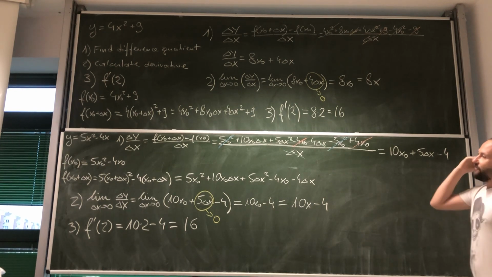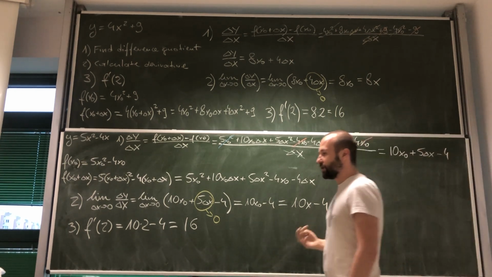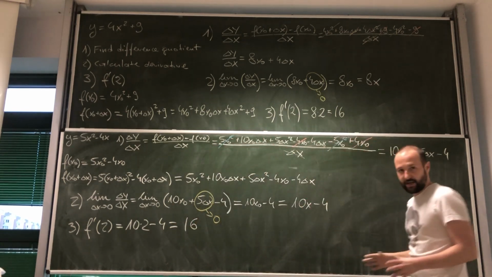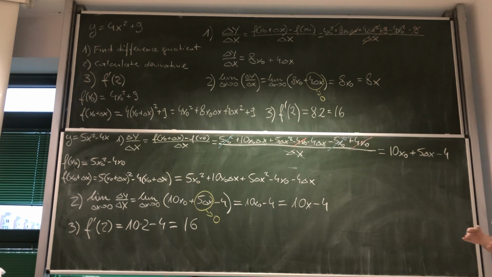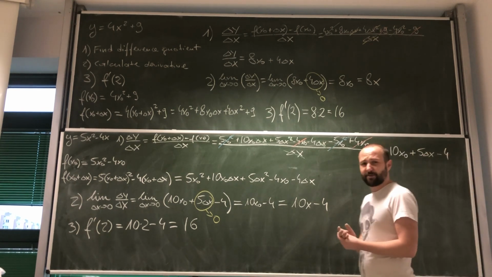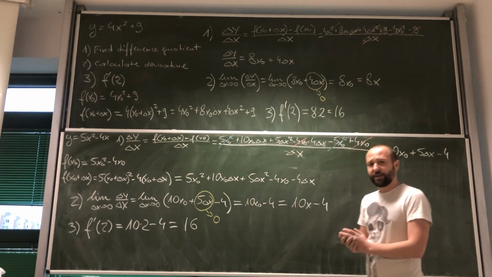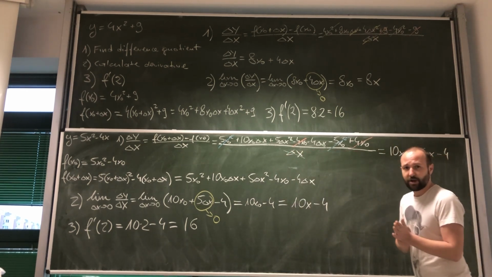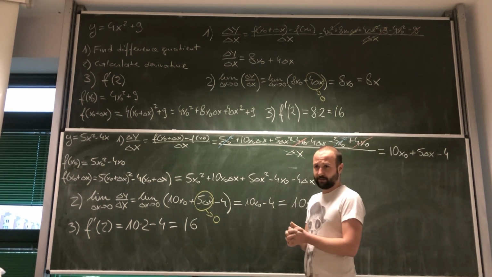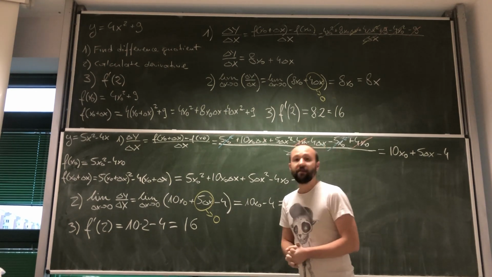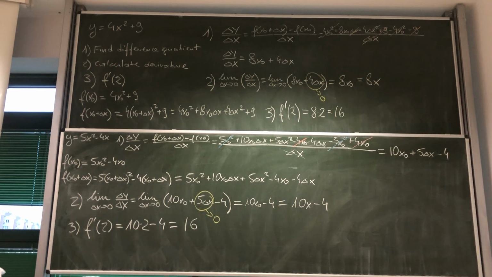In the next video, we're going to look at the derivative from the graphical perspective, and we will see that it can be used as a measure of the slope of the function at a given point. Okay, thank you for your attention and see you in the next video.